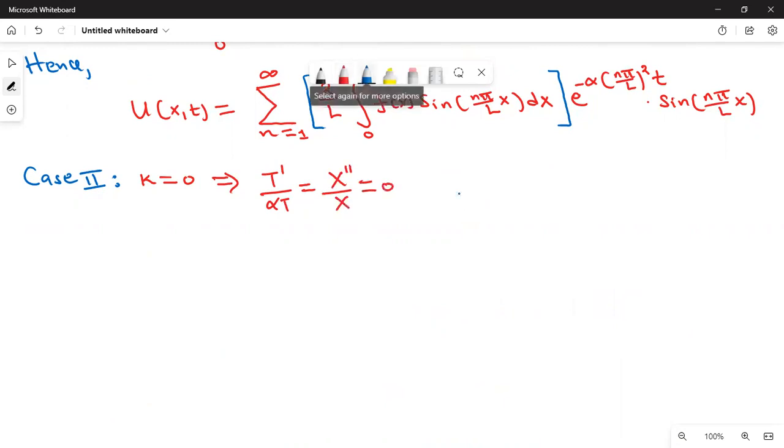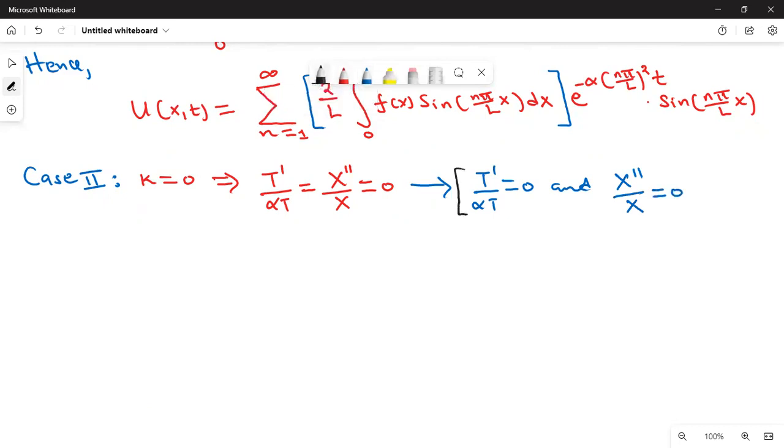Again, from here you can form two sets of ODEs. T prime over alpha T is equal to 0, and X double prime over X is equal to 0. This is a set of two ODEs.